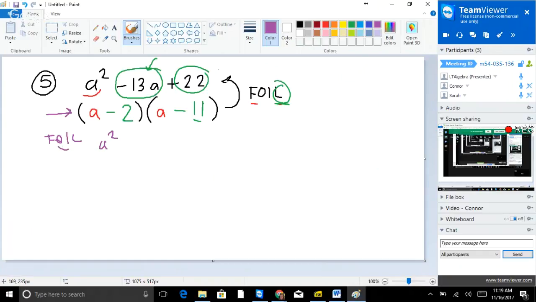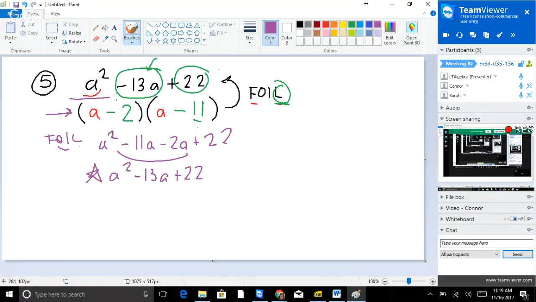Outside is a times negative 11, so negative 11a. Inside is negative 2 times a, so negative 2a. And last is negative 2 times negative 11, so positive 22. So when I add these up, I get a squared minus 13a plus 22. So I know I did a good job of my factoring.